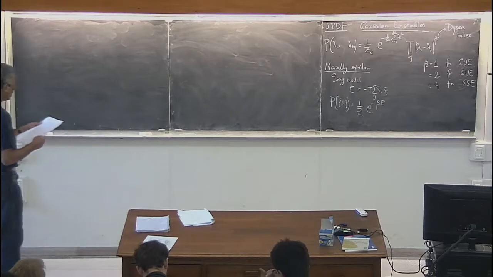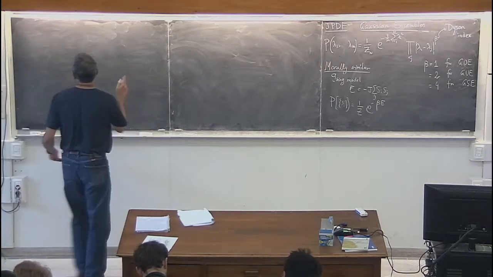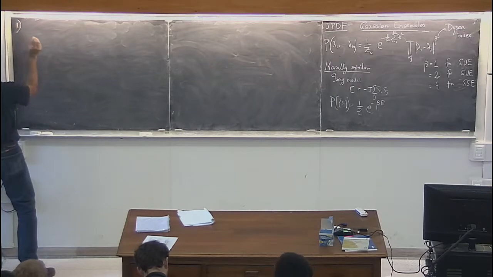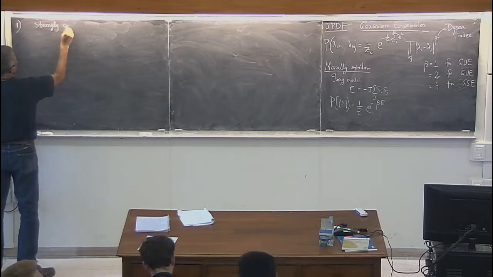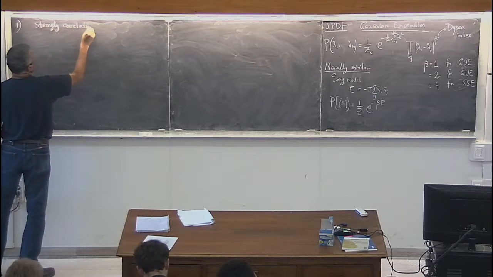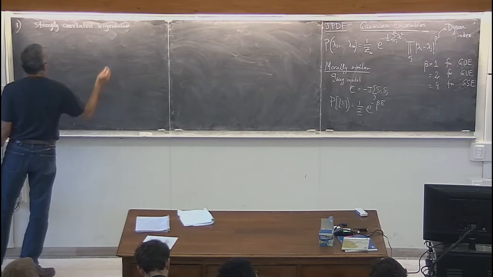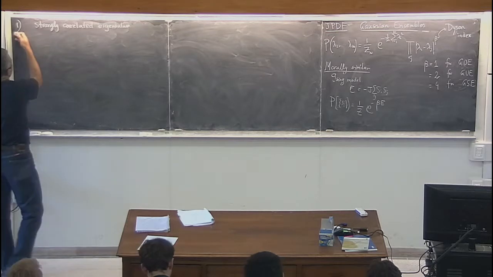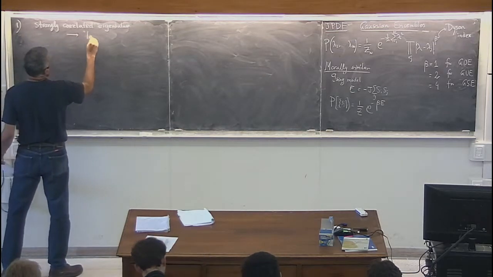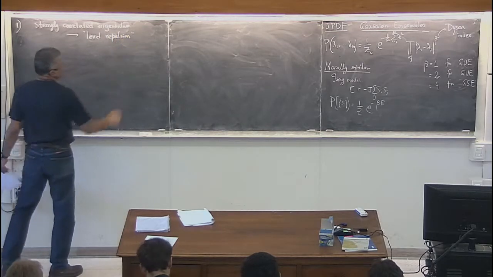The first remark, as I already mentioned, is that these are strongly correlated eigenvalues, and in fact there's a level repulsion. By level repulsion, what it means is that two eigenvalues do not like to be next to each other. Because this beta is positive, the probability for that is very, very small.